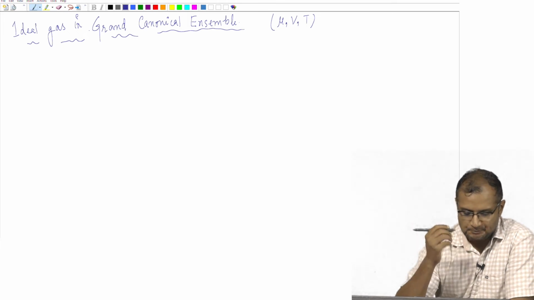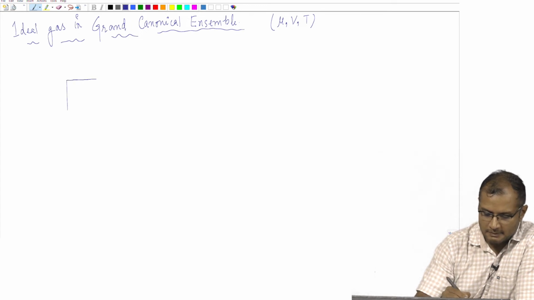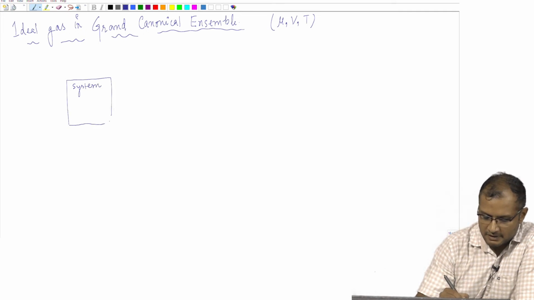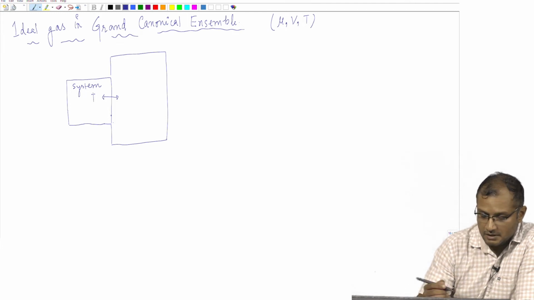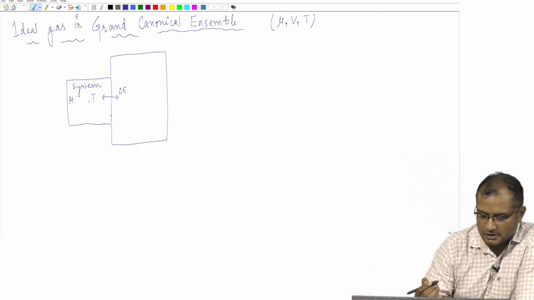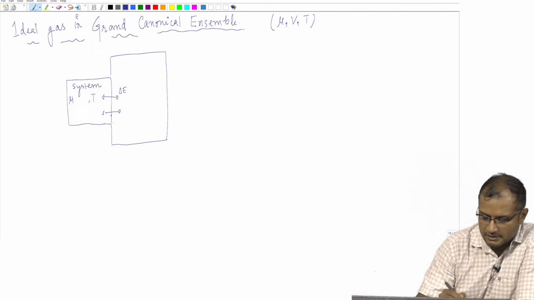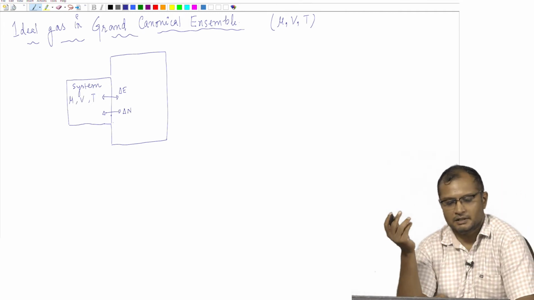If you draw a small schematic, this is my system, and I have kept it in contact with the reservoir, which has a twofold task of constraining the temperature at T by allowing energy exchange, and keeping a chemical potential mu by allowing for particle exchange, and we keep the volume constant by imposing fixed walls.